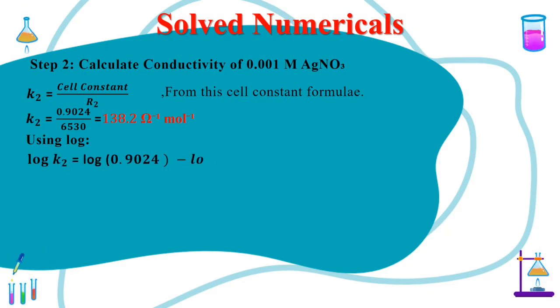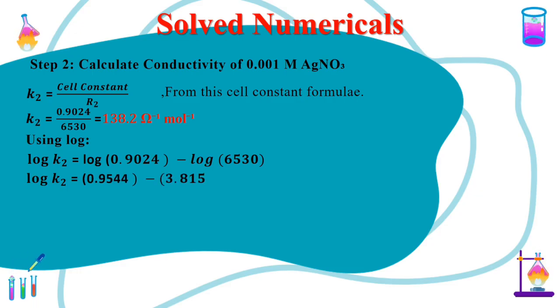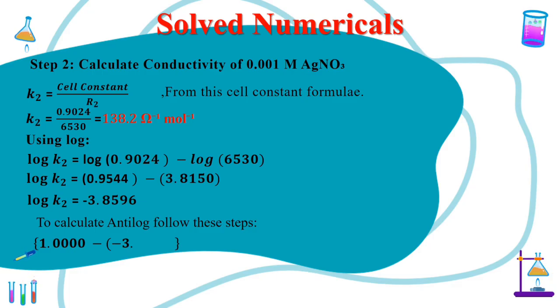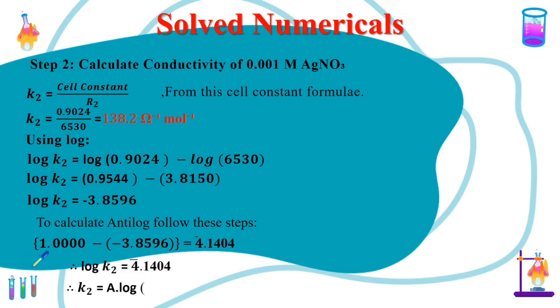The same value can also be calculated using logarithm equations. Students, remember that for the antilog of a bar number, first express it as 10 to the negative power and then find the antilog of the remaining part.